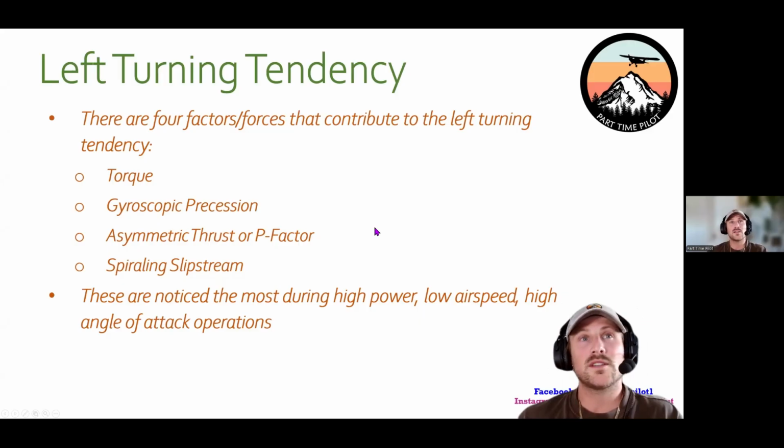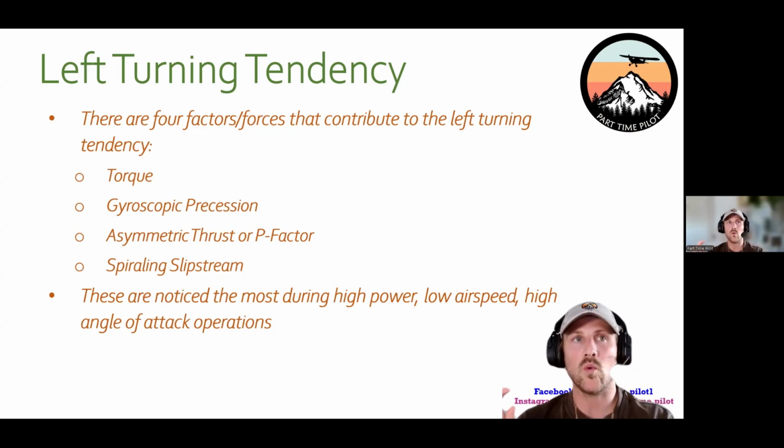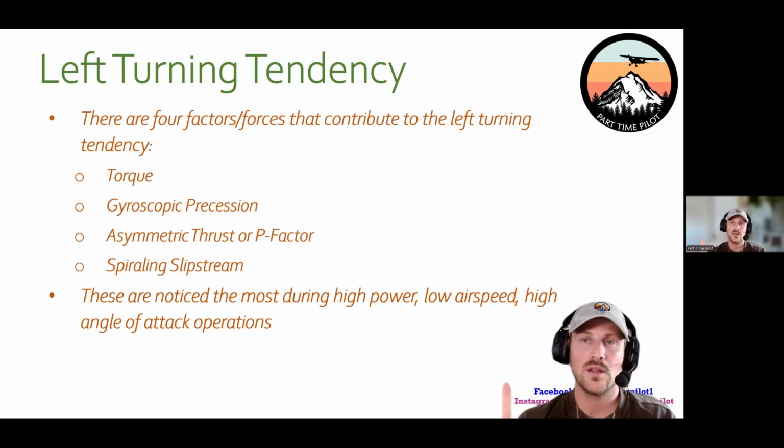All right. Asymmetric thrust is also sometimes called P factor. You might hear it called P factor. I don't know where that comes from. I think that's an old physics term or something. But these are noticed the most during high power, low airspeed, high angle of attack operations. So can you tell me, what parts of flight are we in high power, low airspeed, high angle of attack?